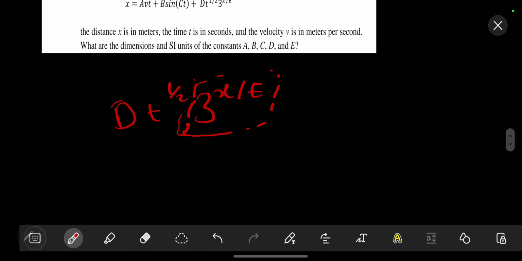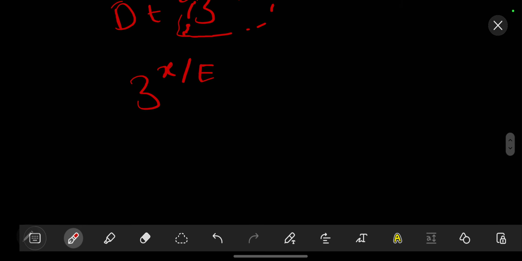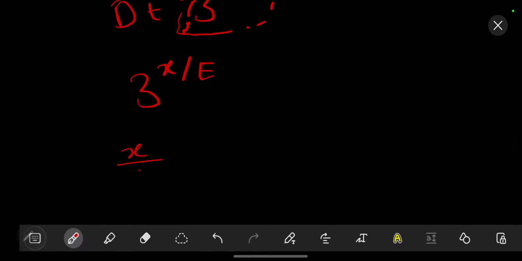So already we have our 3. Let's just isolate our x over E. So we are going to use the same approach, which means that our x over E should be equal to 1.